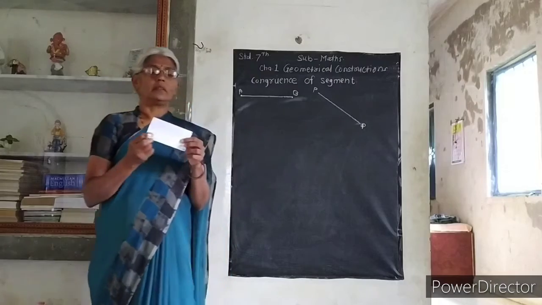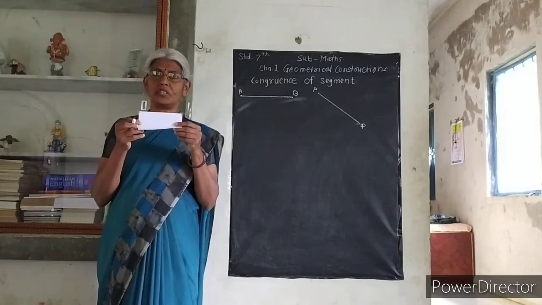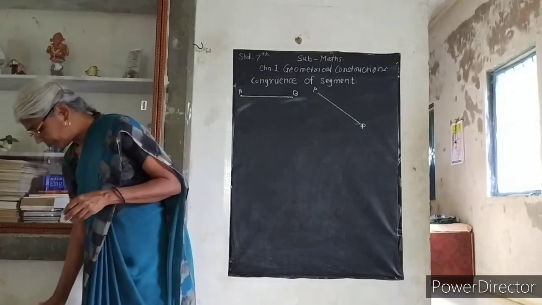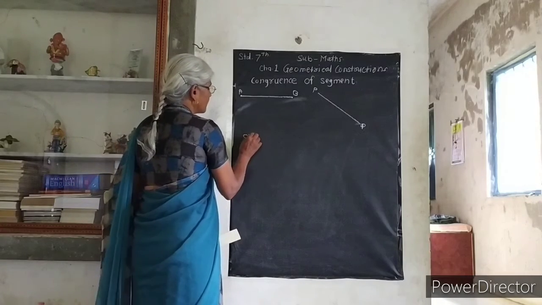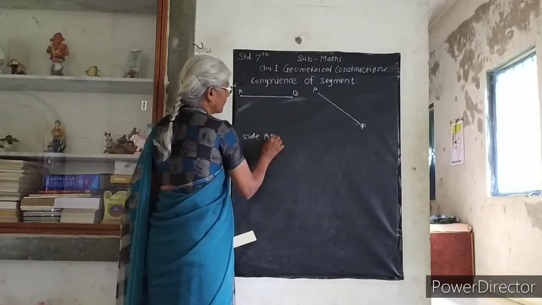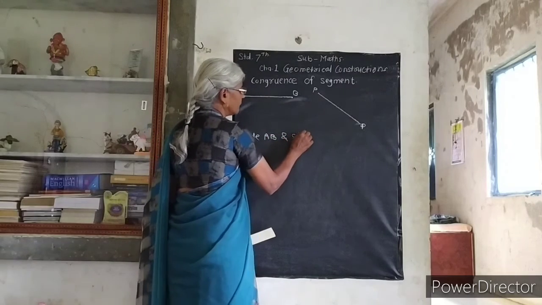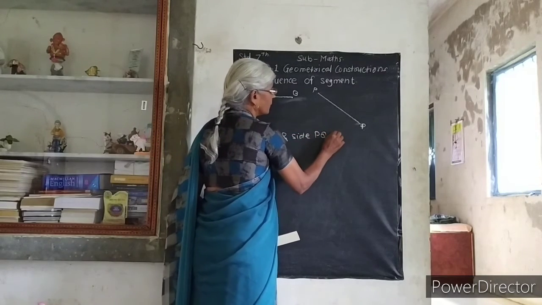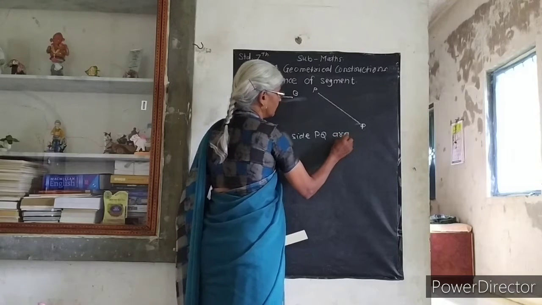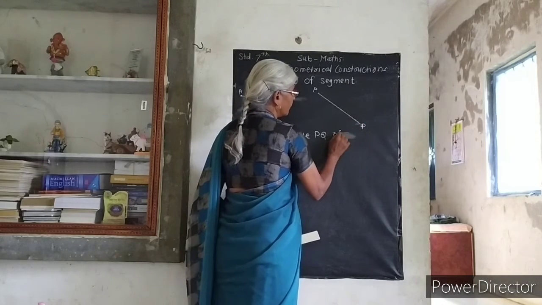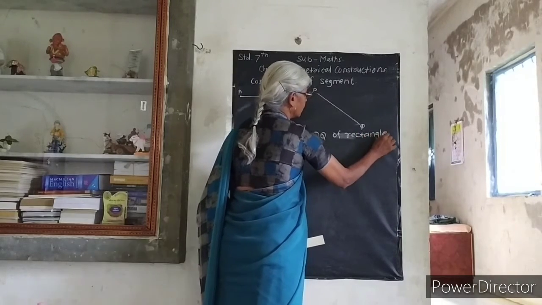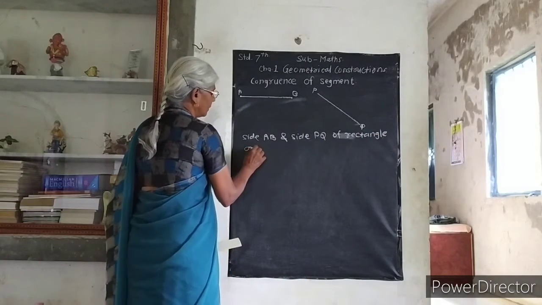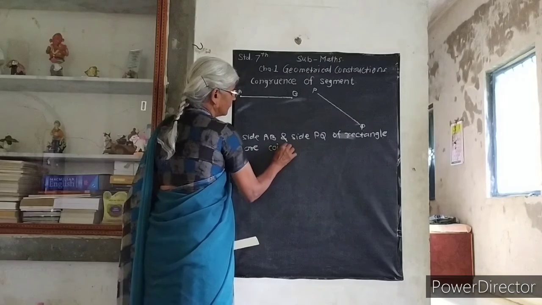We observe that these two sides coincide with each other. Side AB and side PQ of the rectangle coincide.